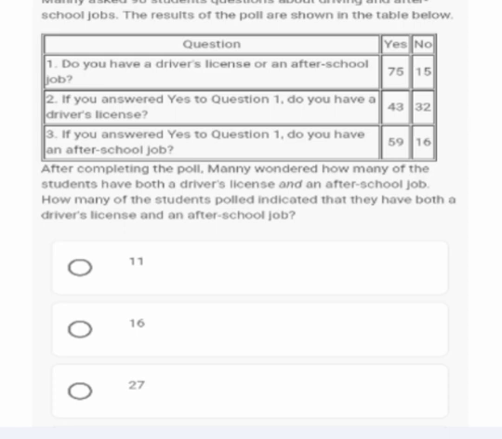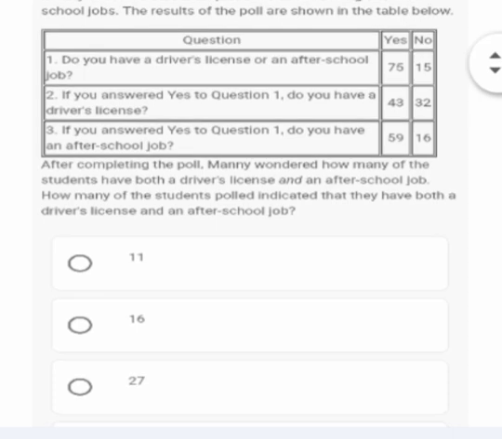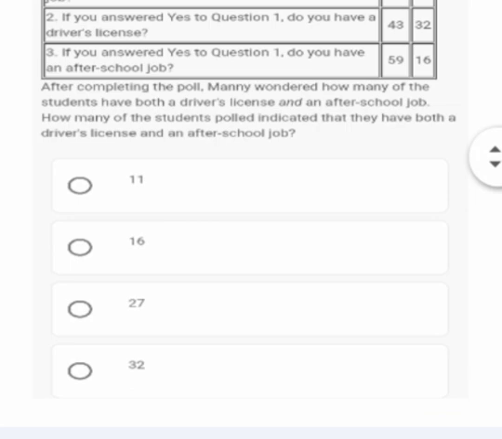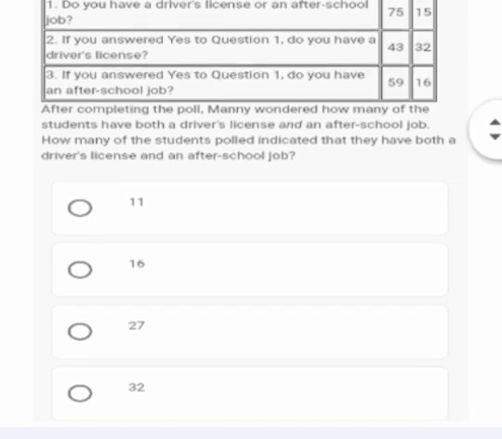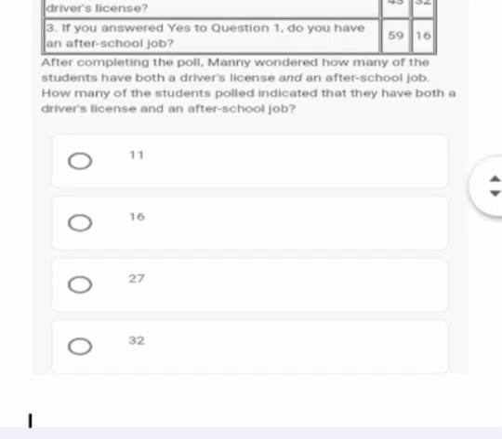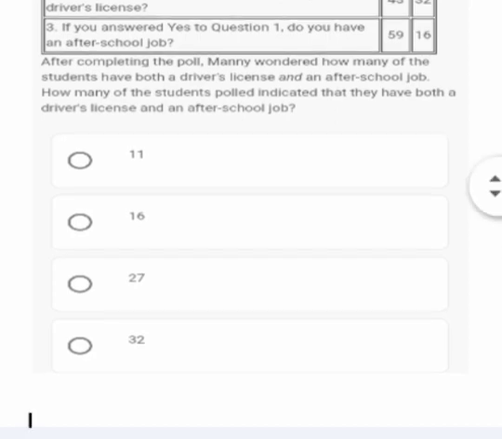Then 43 students replied that they have a driver's license, meaning that they have a driver's license alone or both. For question 3, 59 replied yes, meaning that they have either an after school job alone or both an after school job and a driver's license.